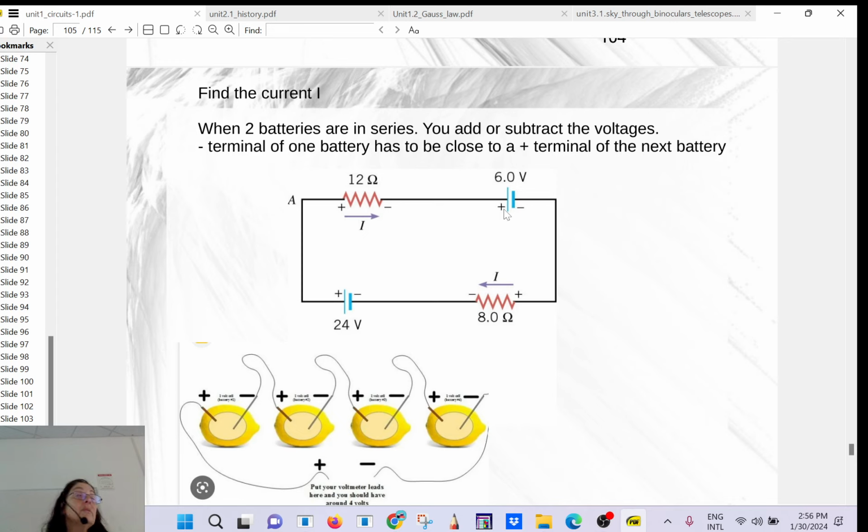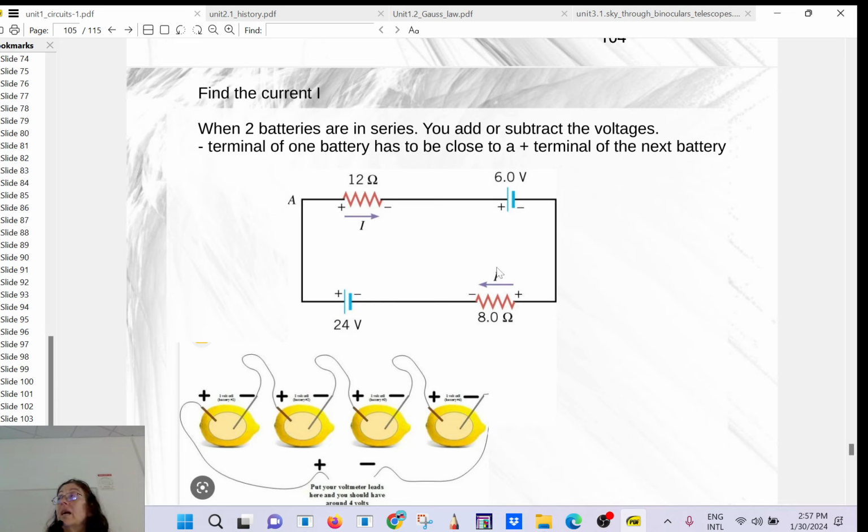So you can make a schematic with a power supply of 18 volts. And even though they are not touching each other, they are still in series because it's one thread. Okay? So 12 plus 8 is 20. So 20 ohms and a power supply of 18.